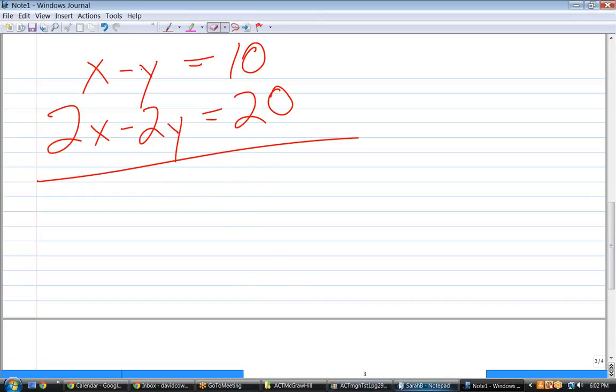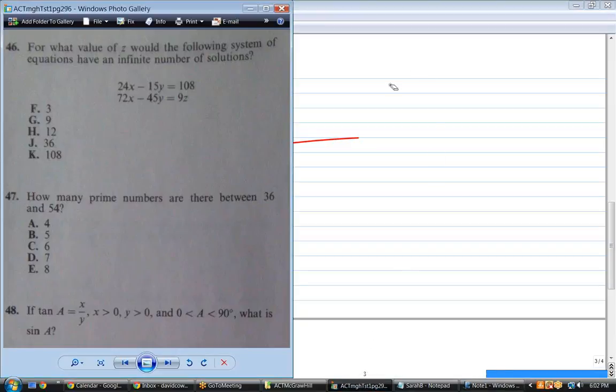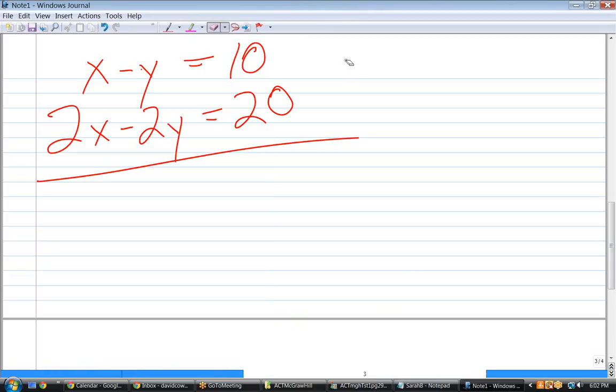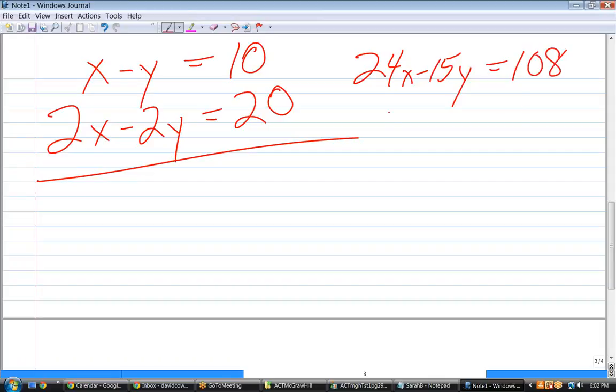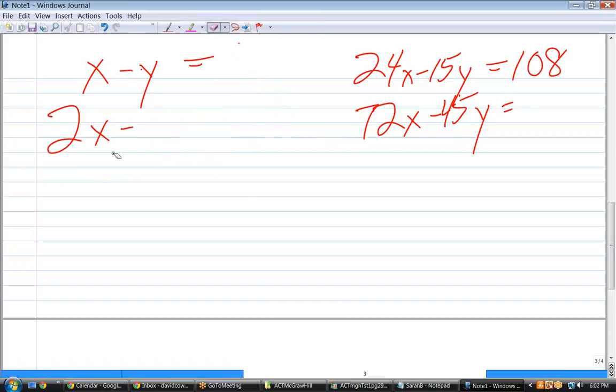Well, that's what this question is saying. They're saying here is one equation, 24x minus 15y equals 108. And here's a second equation. What do you notice so far about the 2 equations? Triples? Exactly.